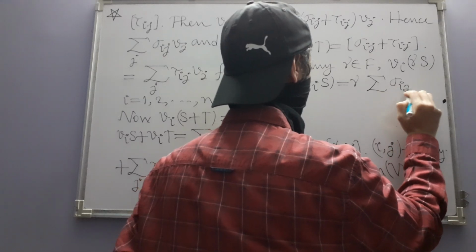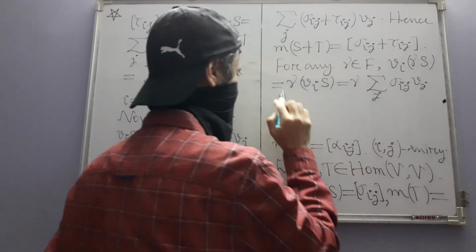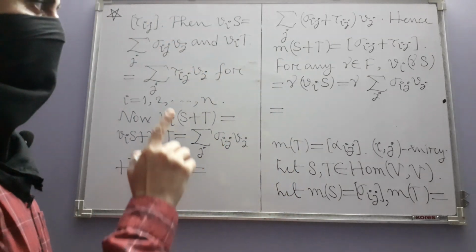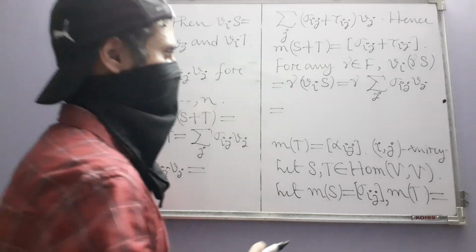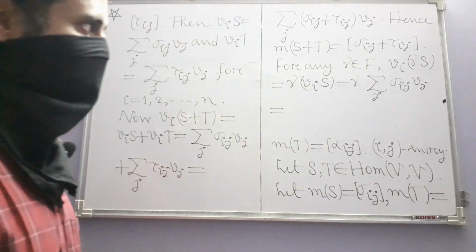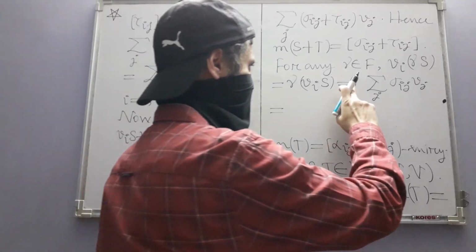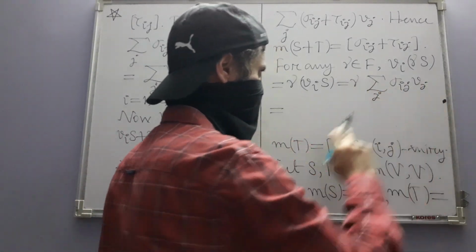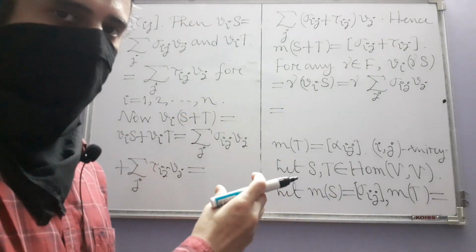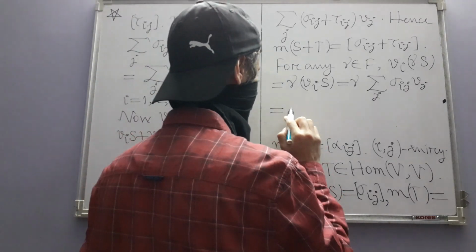So that is just gamma times the sum of sigma ij Vj, where the sum varies over j. And now again using the axioms for a vector space, first you can take gamma inside this sum, and then gamma times sigma ij Vj can be written as gamma times sigma ij, that scalar, times Vj, using one of the axioms for a vector space.